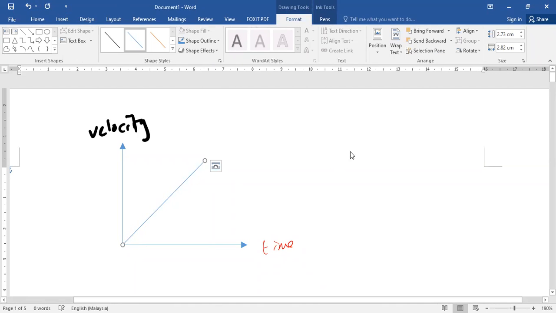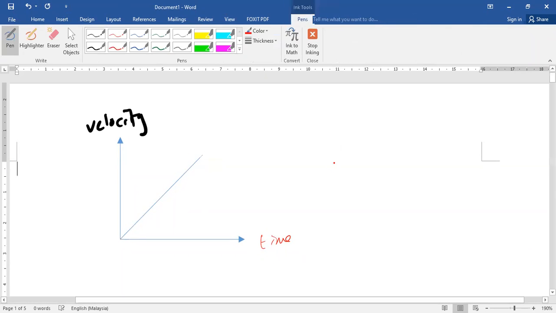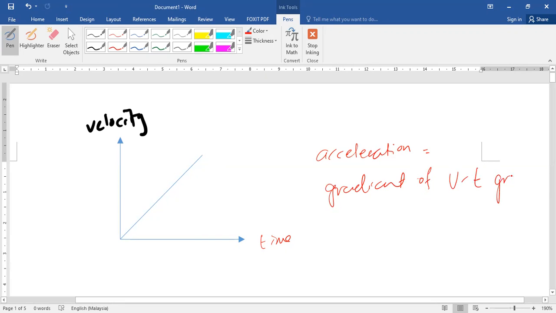So how to get the acceleration? It is equal to the gradient of the v-t graph. Okay, that is question number 1. Question number 2.